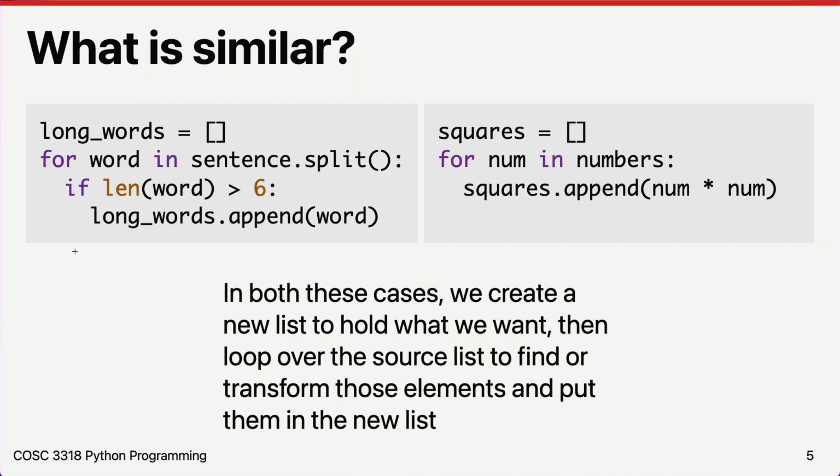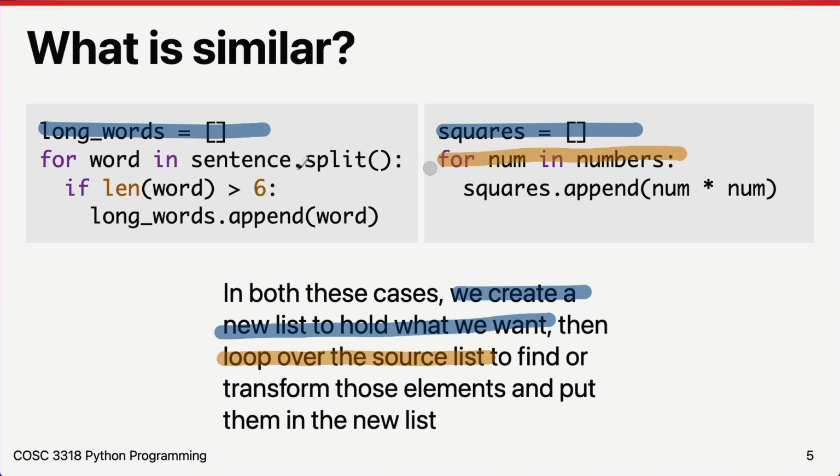So what is similar about these two types of problems? In both cases, we create a new list to hold what we want. We do that here, long words and squares. So we've created that new list to hold the results of whatever we're doing. Then we loop over the source list. In both cases, we loop over that source list to look at all of the original values.